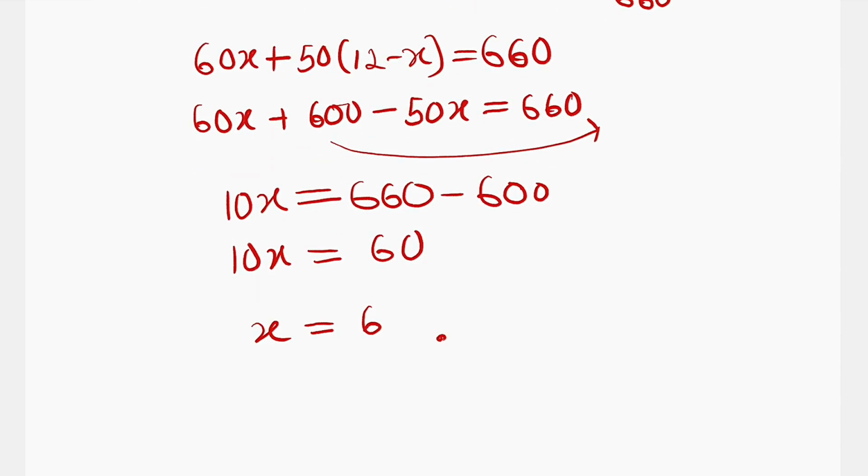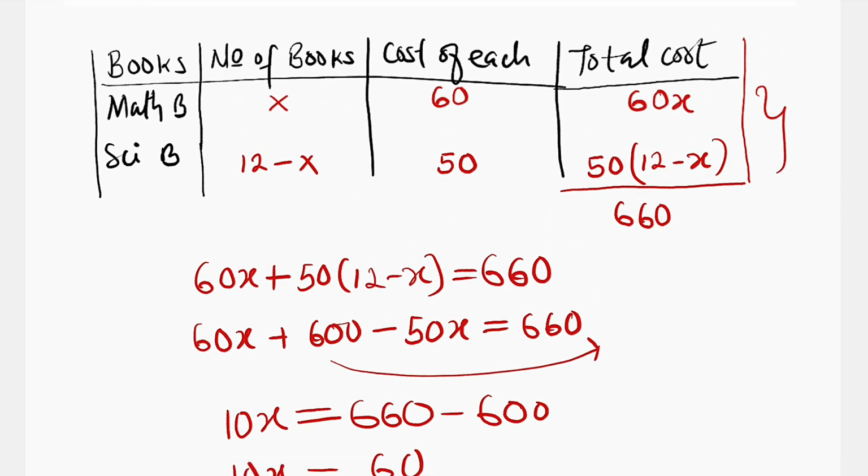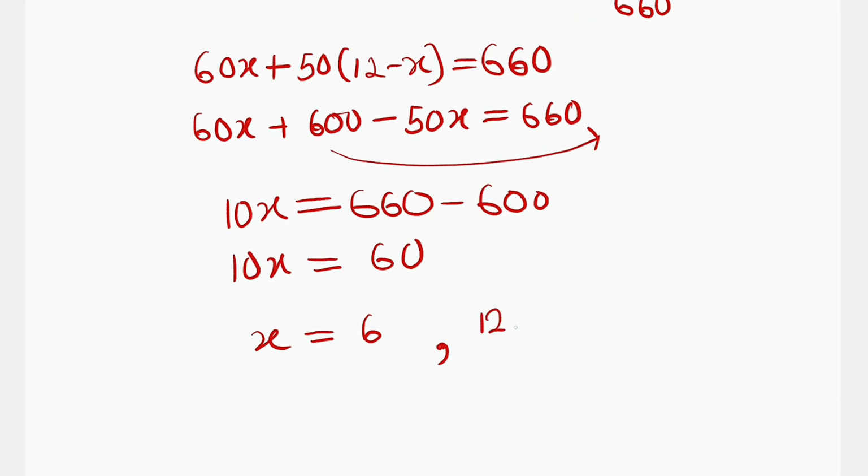Let us find 12 minus x, which is 12 minus 6 because x is equal to 6. Finally, 12 minus x is equal to 6.